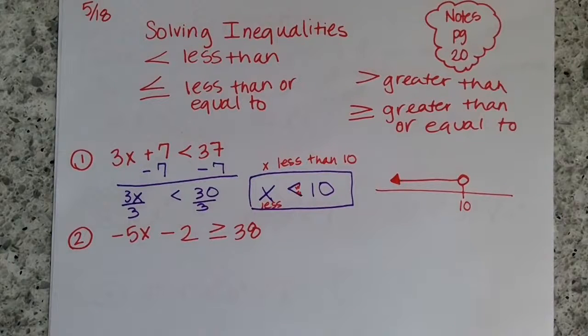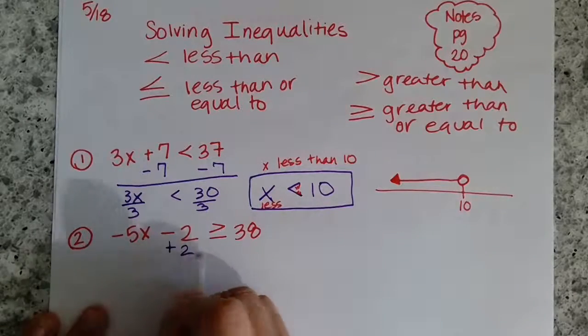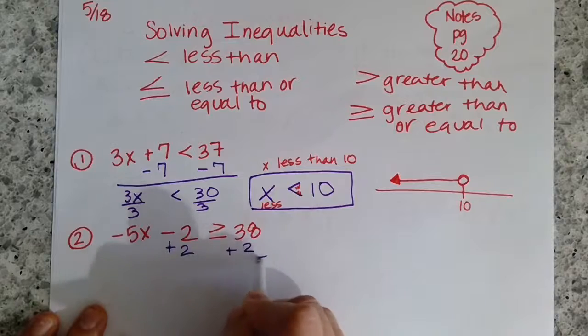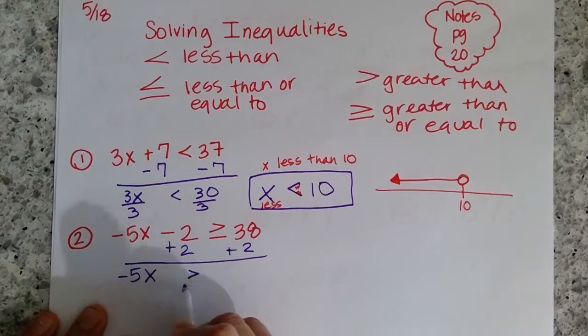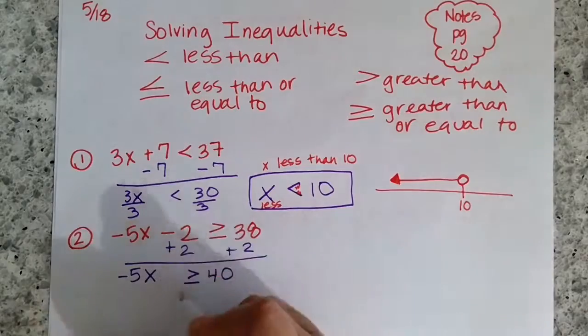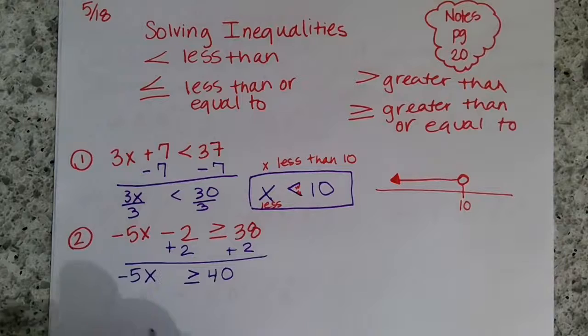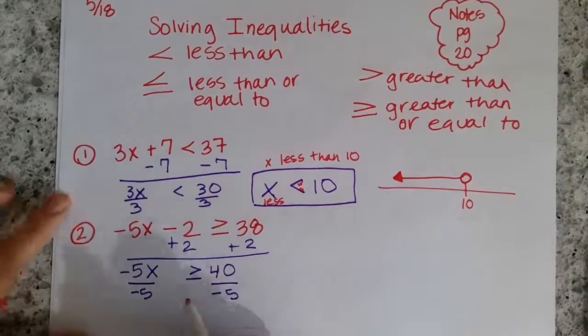Next problem, same thing, we're going to go ahead and solve. So add 2 to both sides. Keep your inequality sign. Instead of an equal sign, it's just your inequality. Divide by -5. When you divide by a -5, you have to remember to reverse your inequality.